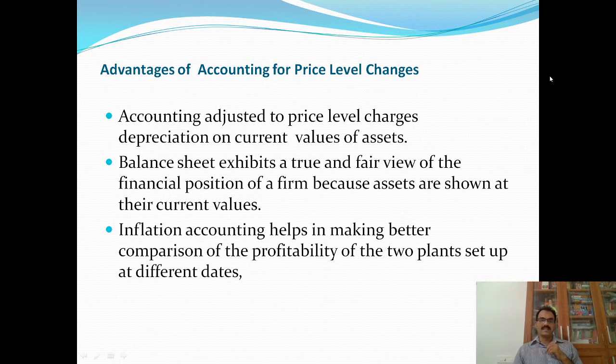The next advantage is that inflation accounting helps in making better comparison of profitability of two plants set up at different dates. Using inflation accounting, we can compare the profitability of the two plants.